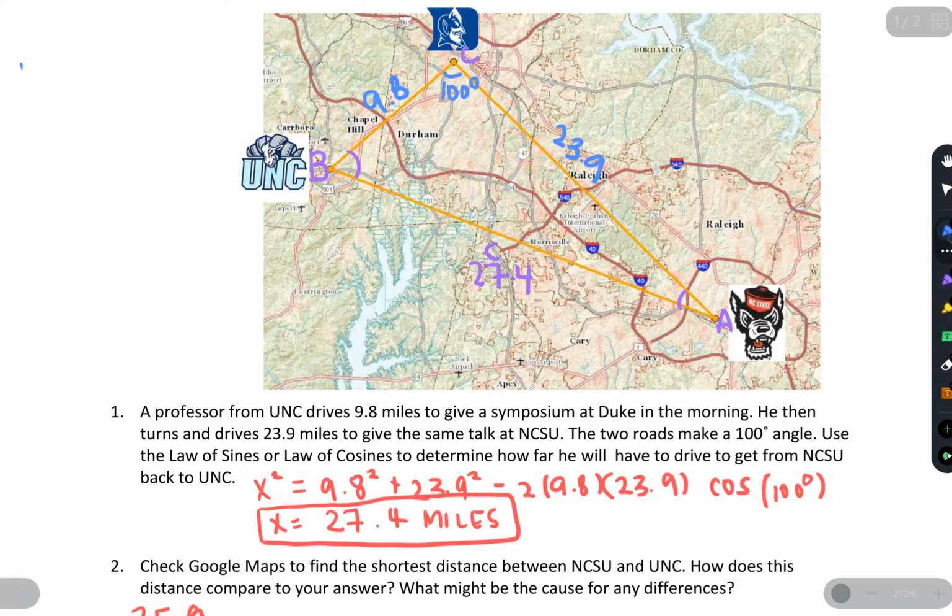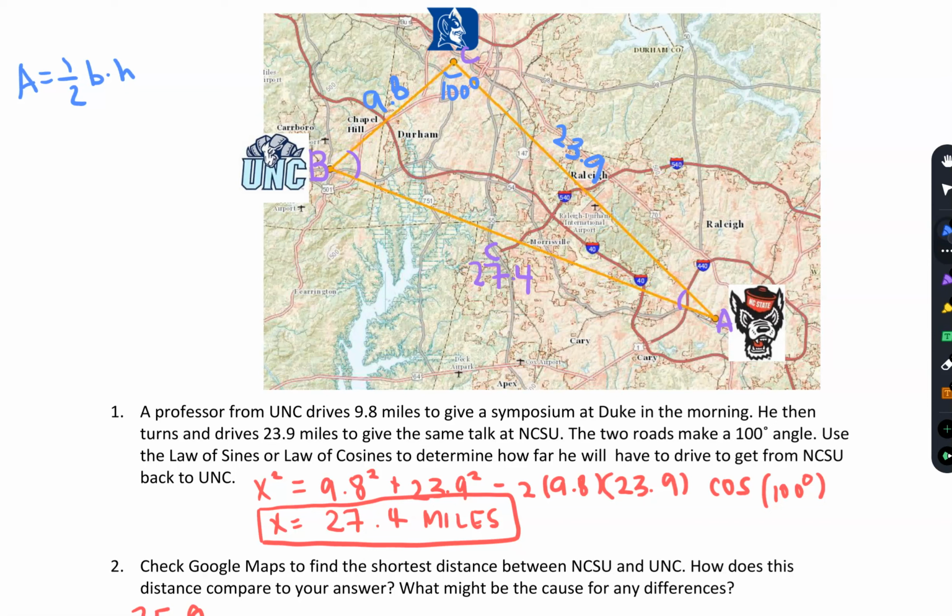Area is 1/2 your base times your height. Do I know my base of my triangle? It really doesn't matter which angle you go from. All three of these could be bases, so it doesn't matter how we draw this triangle.